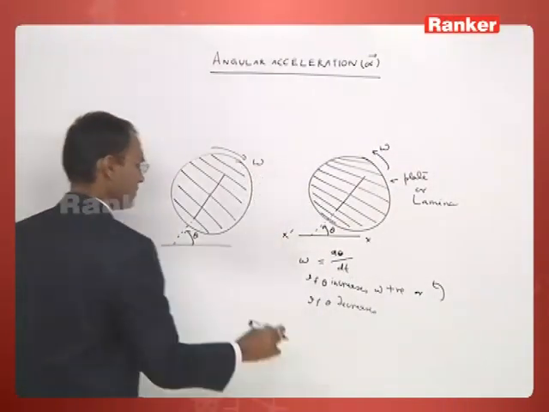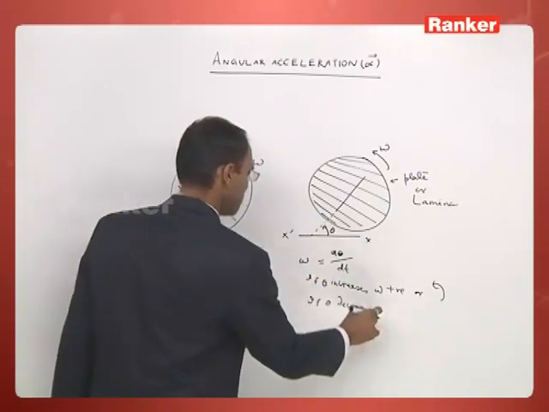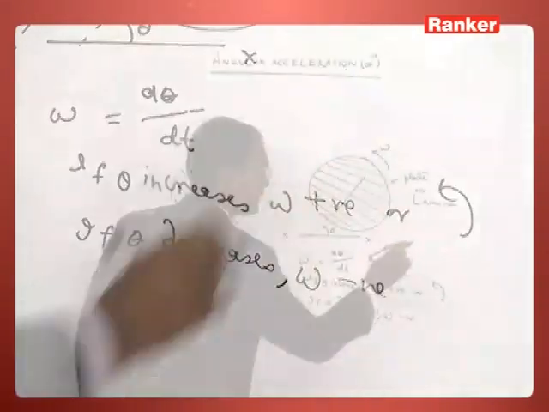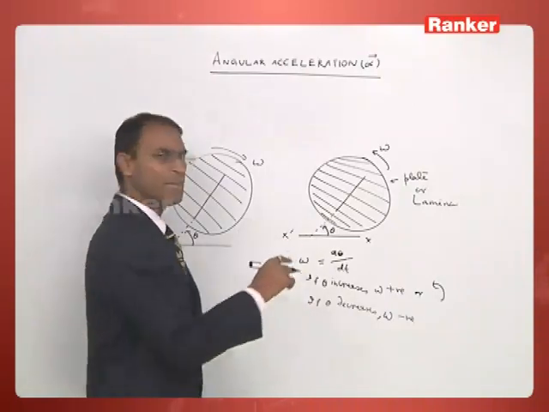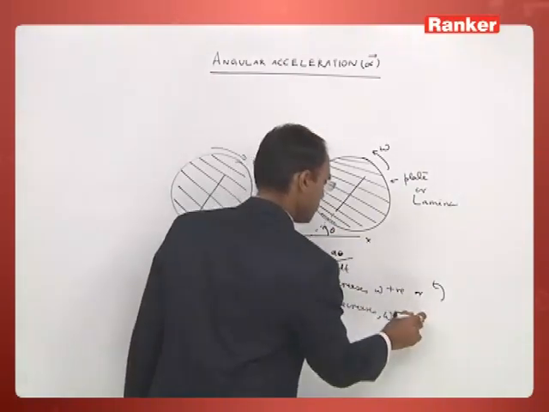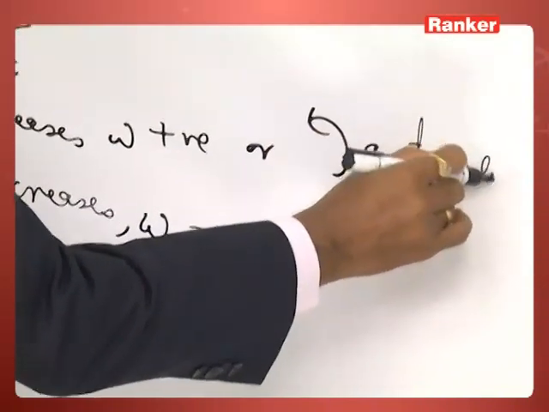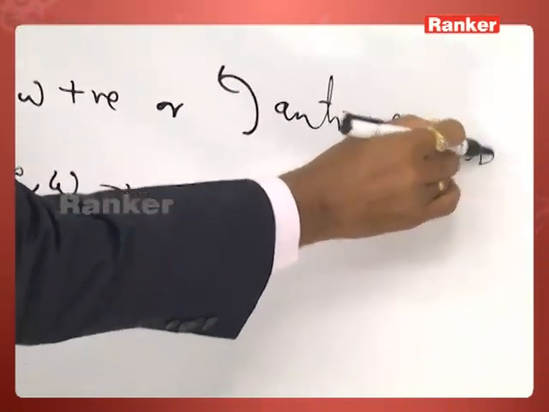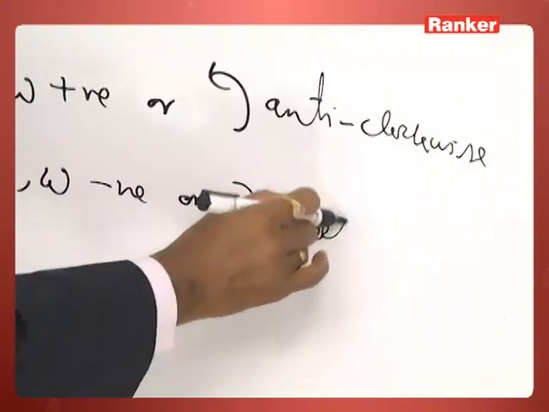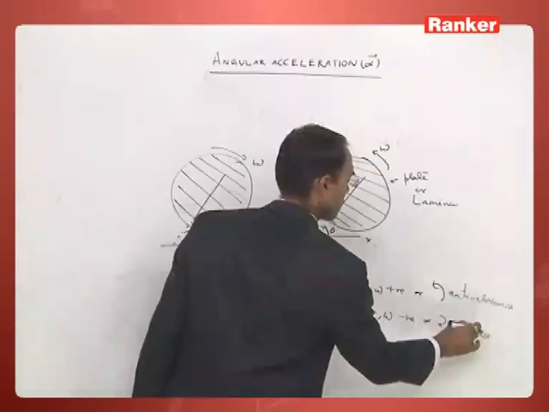Clockwise rotation, theta decreases, omega becomes negative. Negative omega means clockwise rotation. Anticlockwise, and this is clockwise.